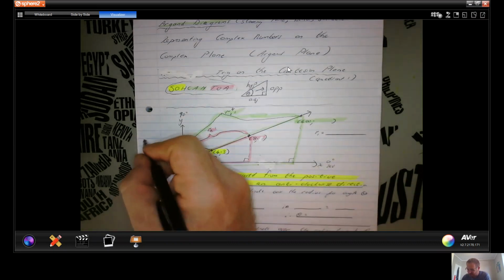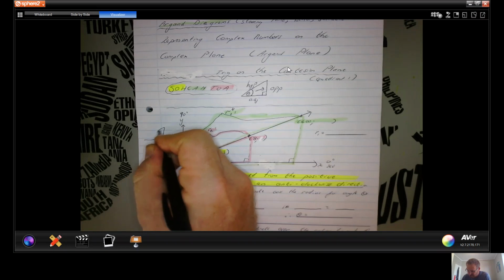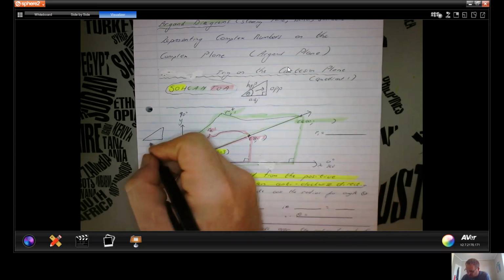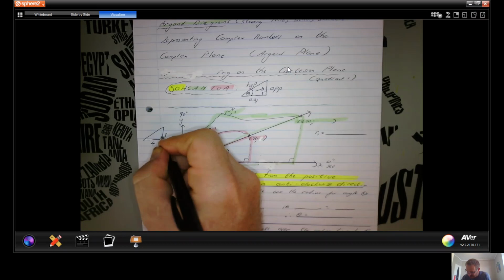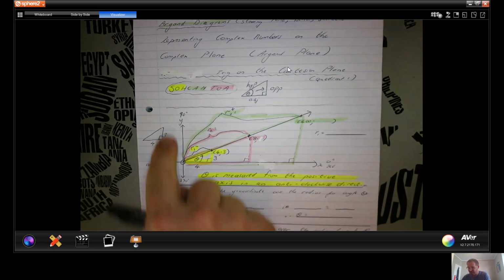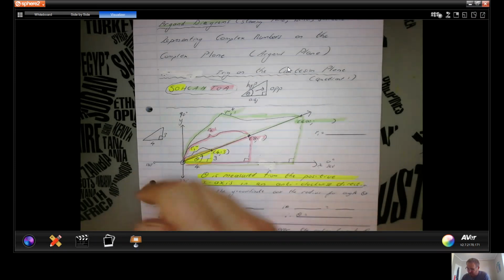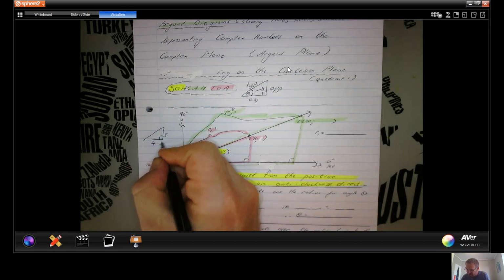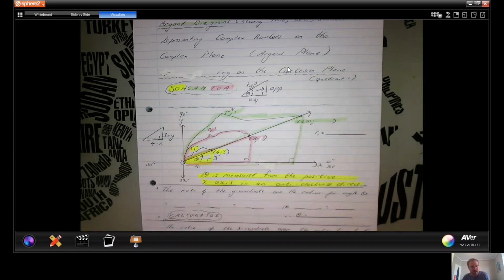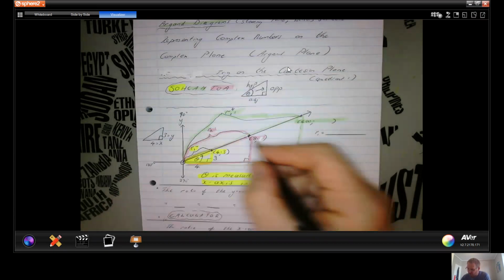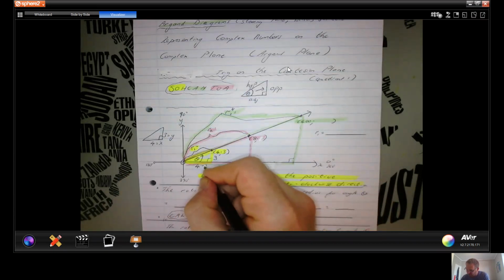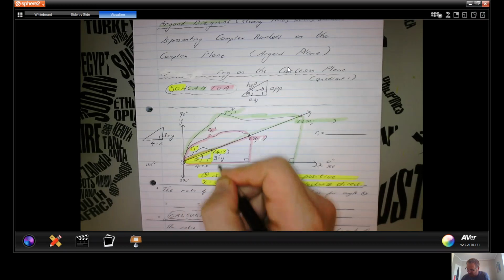Now, if I've got a right angle triangle where I've got 4 across and 3 up, how do I find that distance over there? Pila, how are you going to do that? Yes, by Pythagoras. This distance across is my x coordinate, and this distance up is my y coordinate.